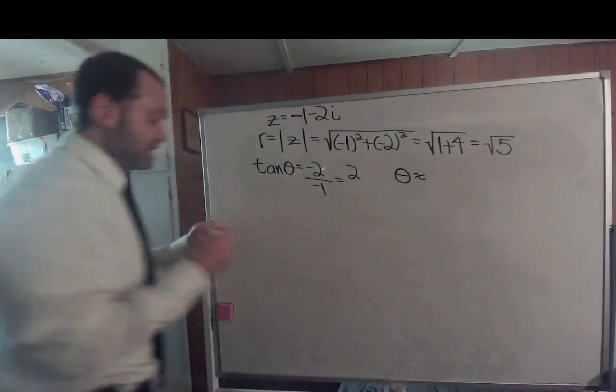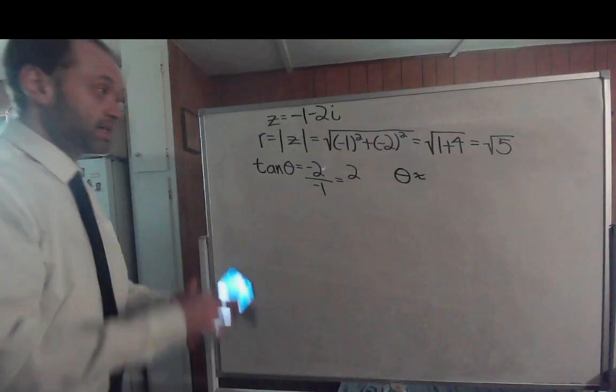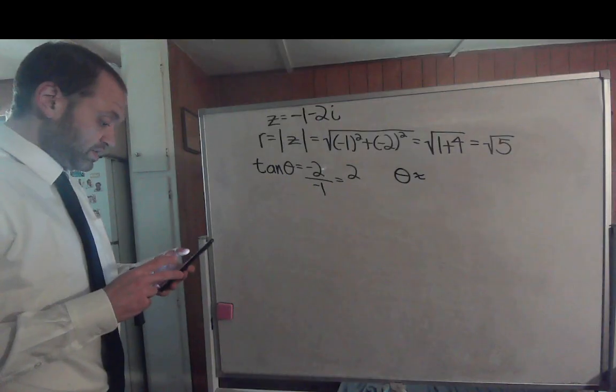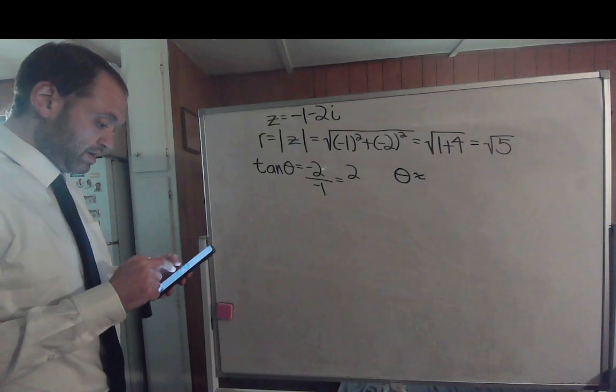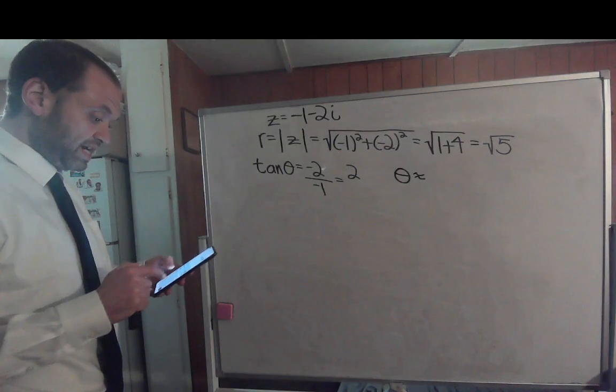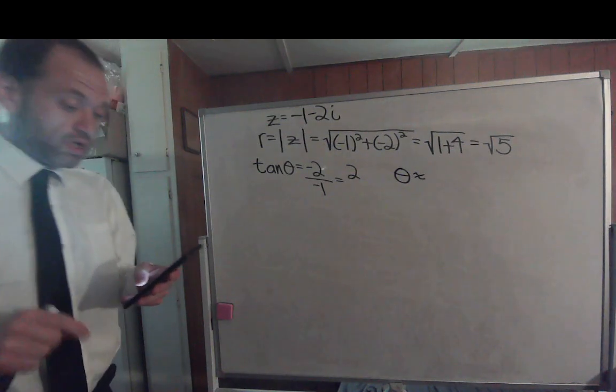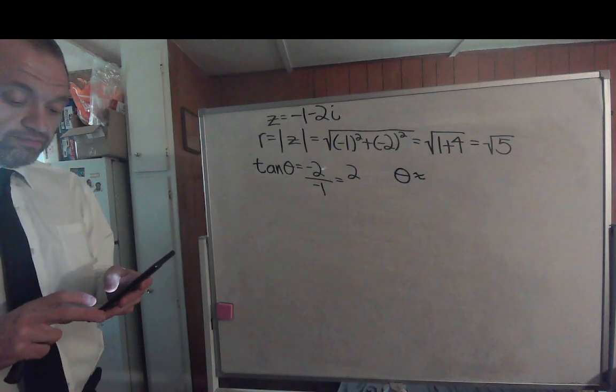So we're going to get a decimal approximation of this. So let's go in here. Let's take the inverse tangent of 2. For your first quadrant angle, you get about 63.43.